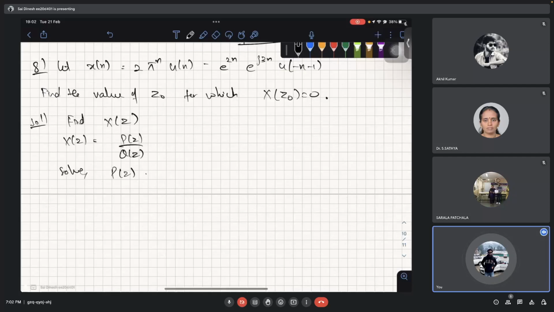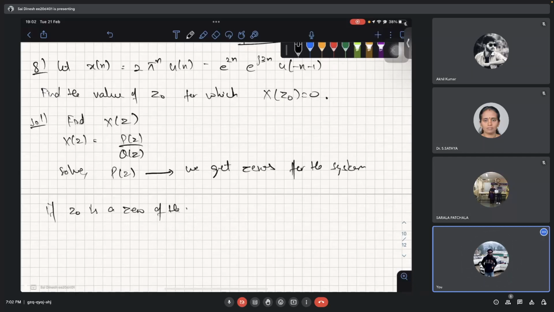Solve for p of z, we get the zeros for the system. If z naught is a 0 of the system, which implies x of z naught equal to 0. So this is what you basically need to do.